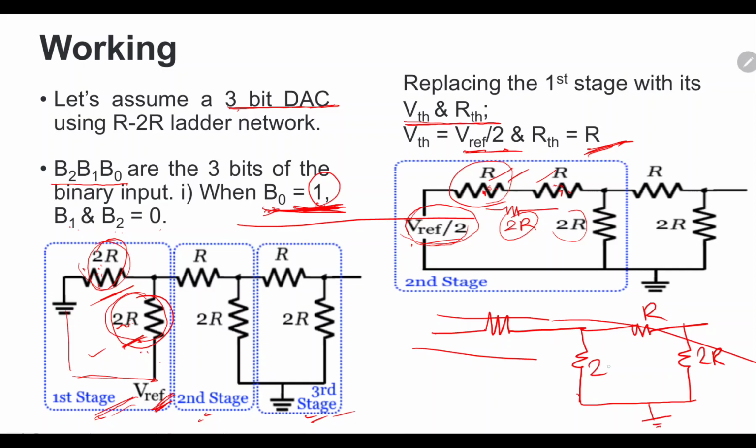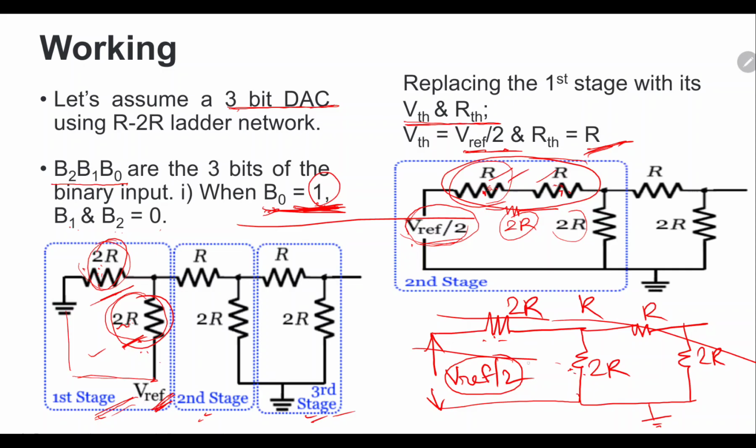So this is 2R, and combining these two resistances you are getting here 2R, and the applied voltage is V reference by 2. So these 2R are in parallel, and combining these 2R you will be getting the equivalent resistance R, and this V reference by 2 voltage is applied across both this 2R and 2R.